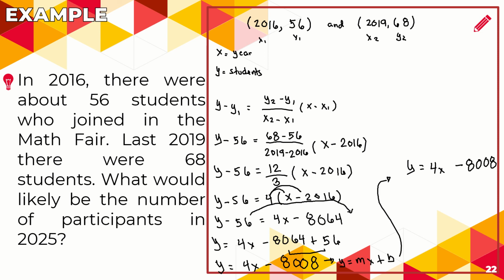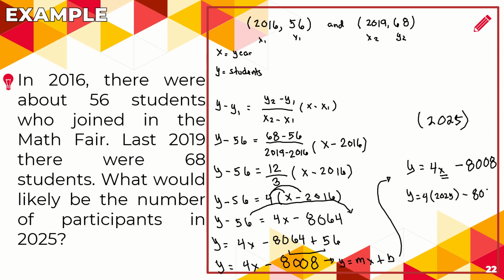We all know x is the year, and we are looking for 2025, where y is the number of participants. We have y equals 4 multiplied by 2025, minus 8,008.